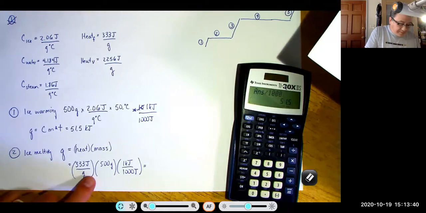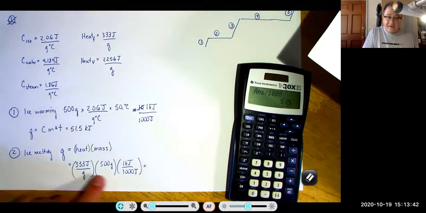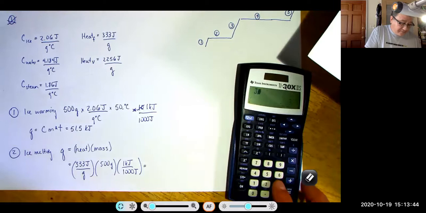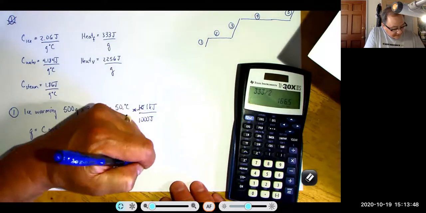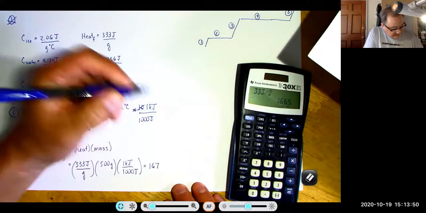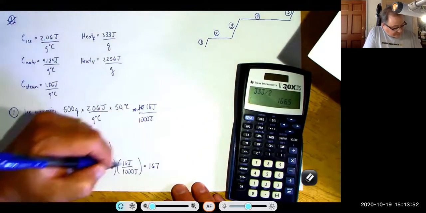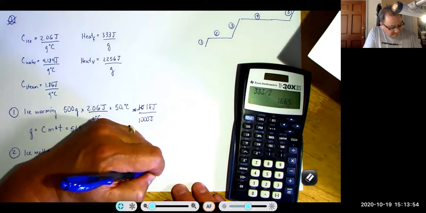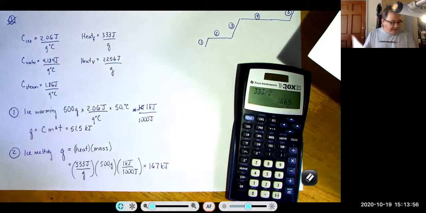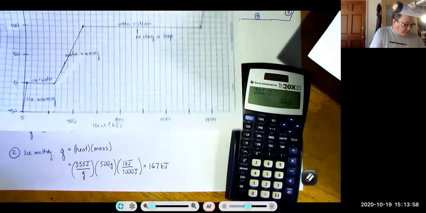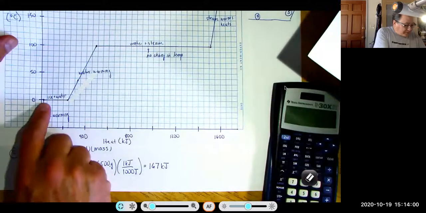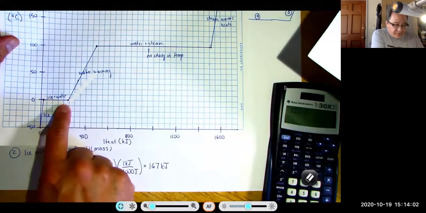So let's see, we're going to basically have 333 divided by 2. So we get 167 kilojoules. So what that is saying is that the width of this right here is supposed to be about 167 kilojoules.